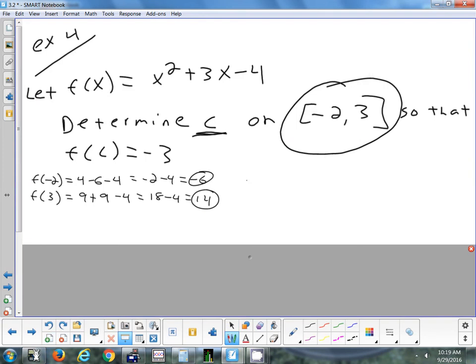So we've got -3 equals x squared plus 3x minus 4. Get it equal to 0. It turns out it does not factor very nicely. You need the quadratic formula. And when you do that, we get two answers, which are -3.3 and 0.3.